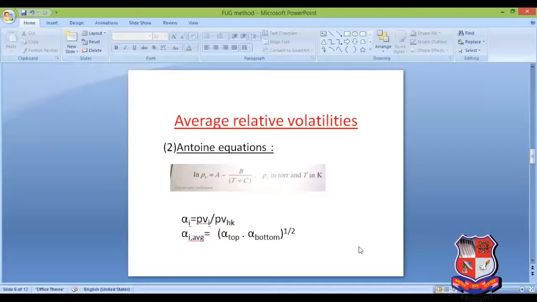So similarly, like the value of K equilibrium constant, you divide the vapor pressure of the ith component by the vapor pressure of the heavy key, right? And then in the same way you determine alpha, the average relative volatility. See, once again I am telling you, if alpha is given to you, you should not go into all this jugglery, right?